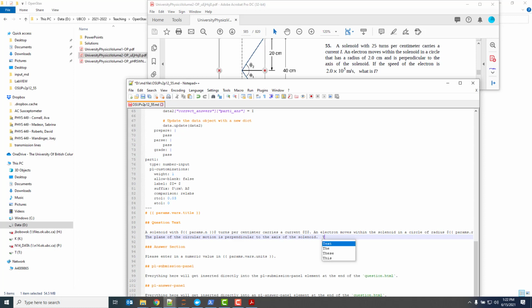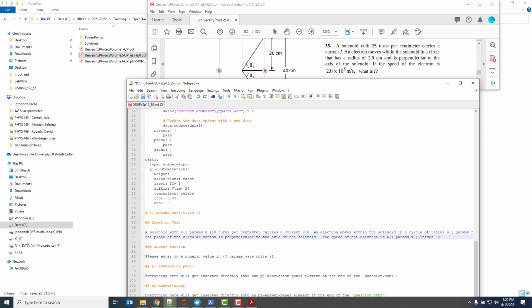Again, I don't quite like how they phrase the speed of the electron, so I'm just going to say the speed of the electron is... Okay, and so we did something a bit different here where we said our velocity was going to have coefficient v. So I'm going to write params.v, and then I'm going to continue with some LaTeX notation.